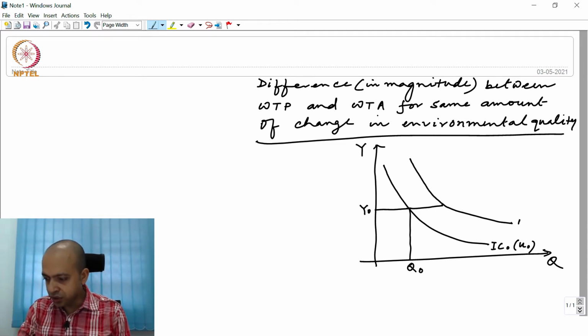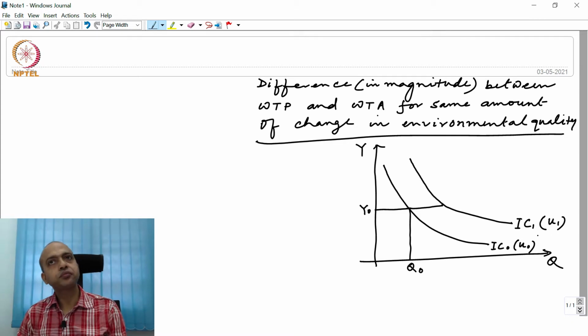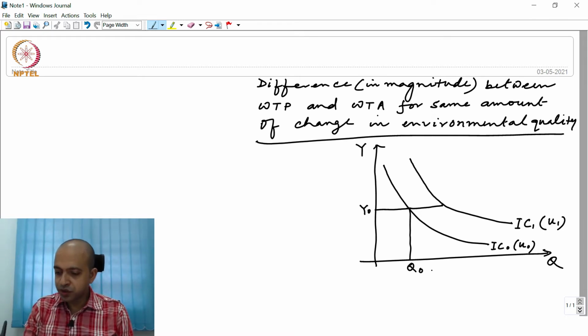So this is IC1, leading to U1 amount of utility. Okay. Now this is the change in environmental quality, delta Q.